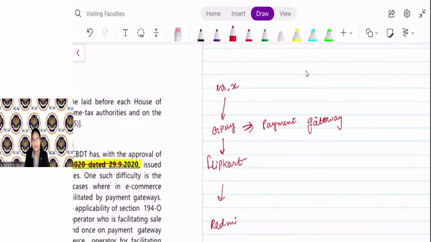If Google Pay deducts TDS and on the same amount Flipkart also deducts TDS, then there is a double deduction. Okay, so for removing this difficulty, the government, the CBDT, issued a circular that the payment gateway, that is Google Pay, is not required to deduct TDS on the payment made to Flipkart.